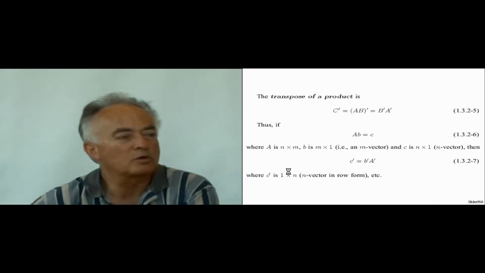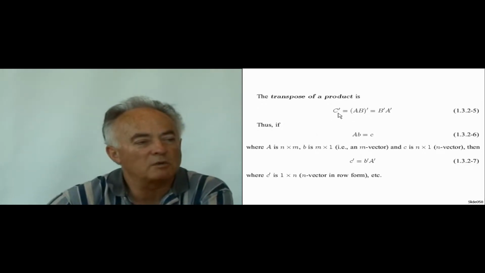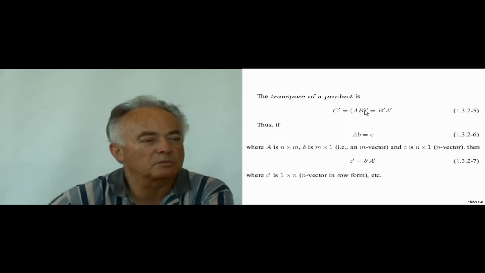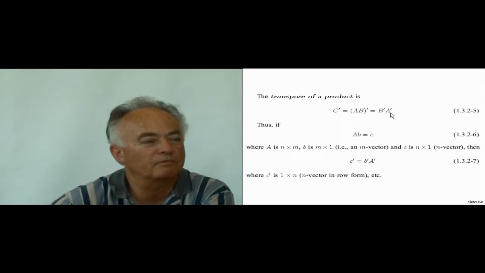The transpose of a product. Take the product C equals AB. Now the C prime, C transpose, the transposition of the product AB, turns out to be the product of the transpositions, but taken in the reverse order. So C prime is B prime, A prime.